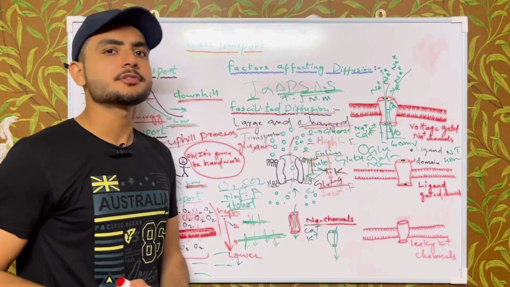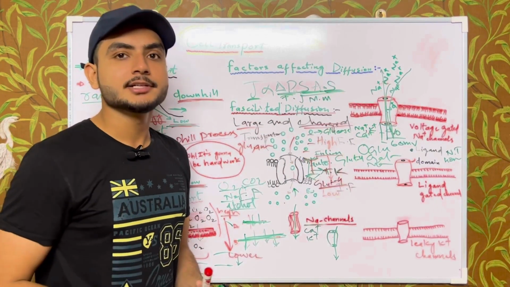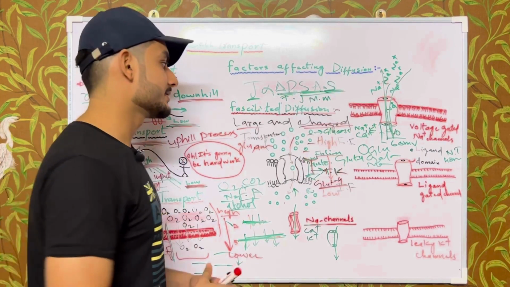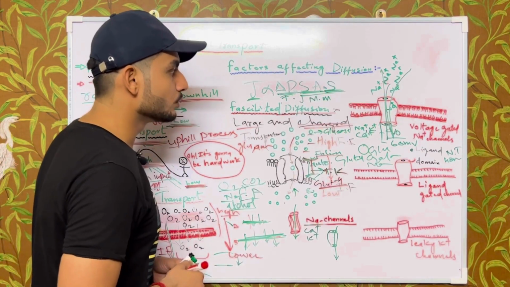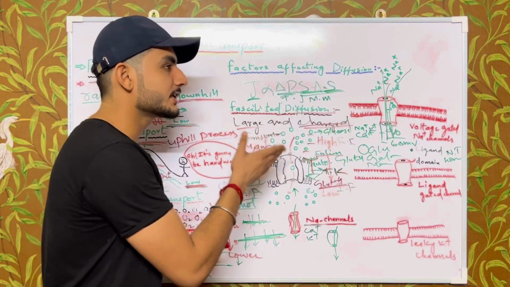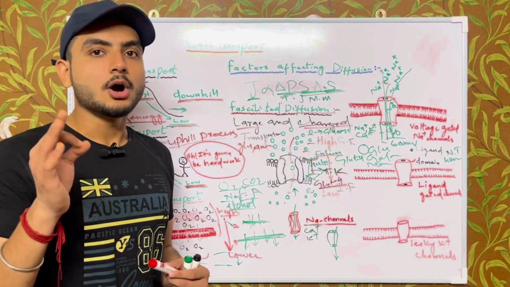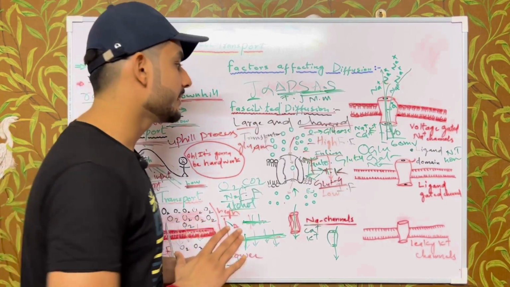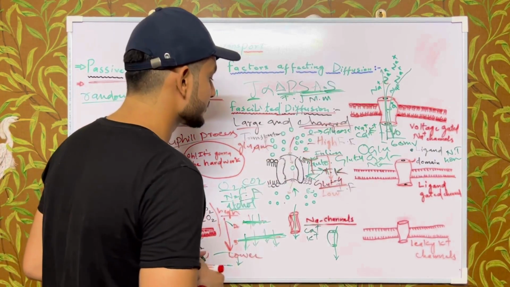These GLUT4 transporters are mainly present in hepatocytes, myocardial cells, and muscle cells. So this was about the movement of glucose through the GLUT transporters. These GLUT transporters also make the movement of galactose and mannose possible across the membrane.